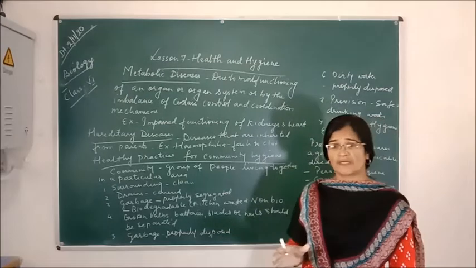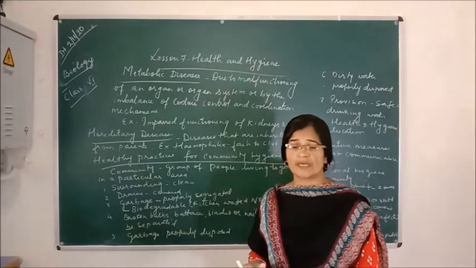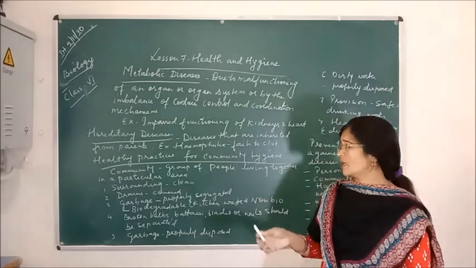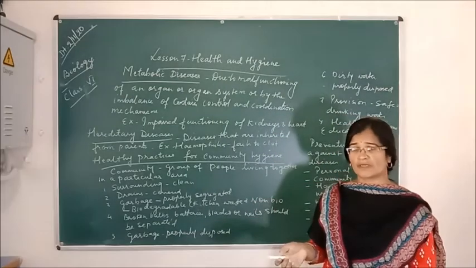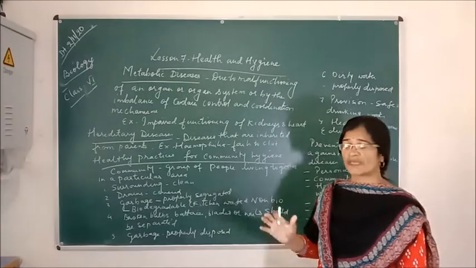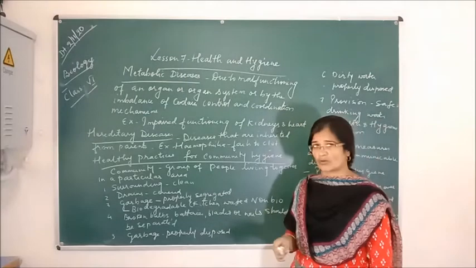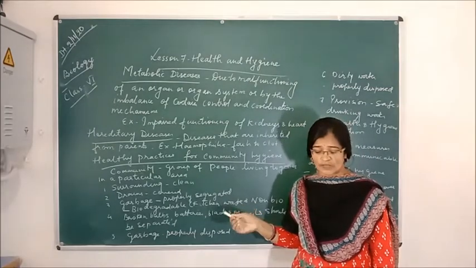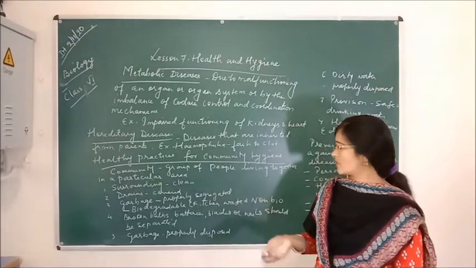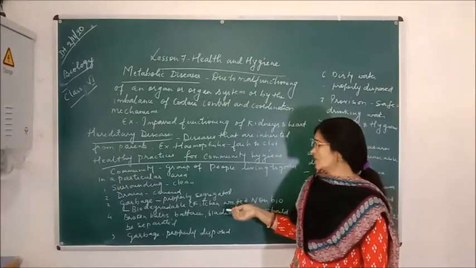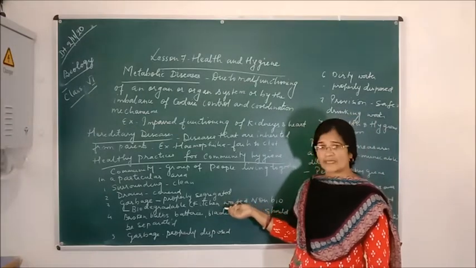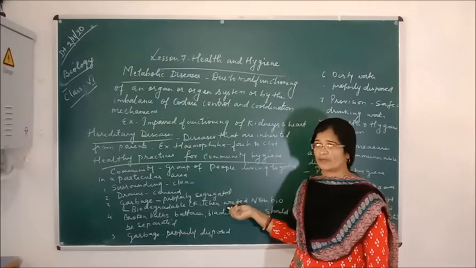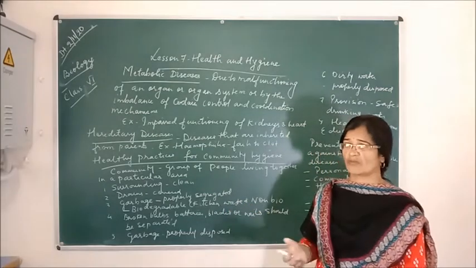Garbage is of two types, biodegradable and non-biodegradable. Biodegradable waste means those which can be decomposed by the action of microorganisms, and non-biodegradable wastes are those which cannot be decomposed by the action of microorganisms. For biodegradable waste, we can take kitchen waste, especially peels of vegetables or fruits.